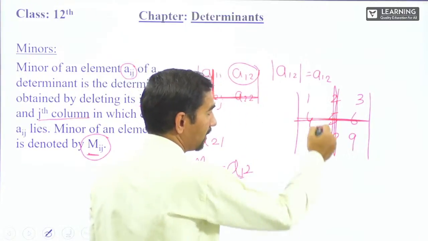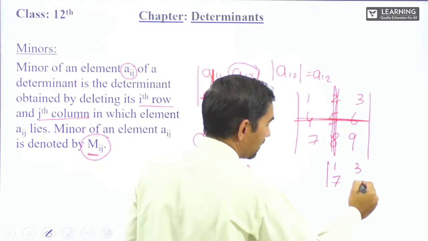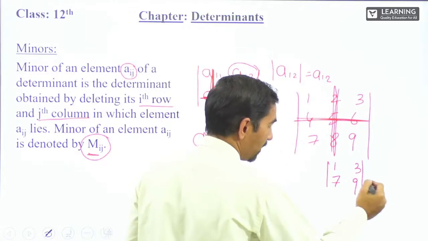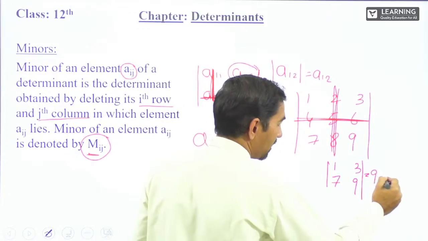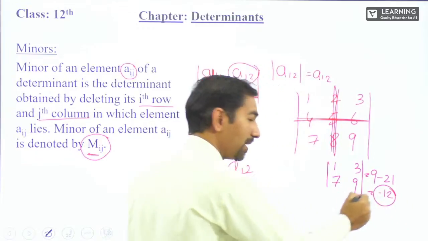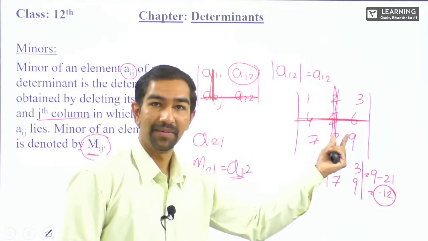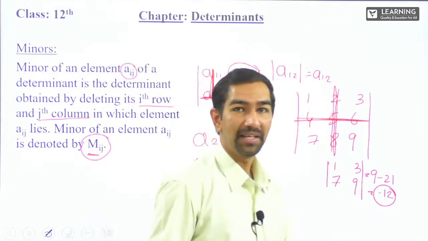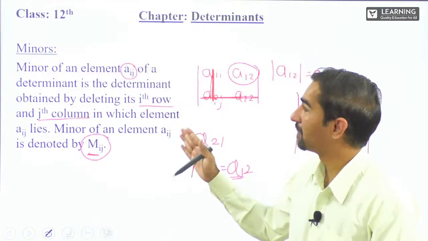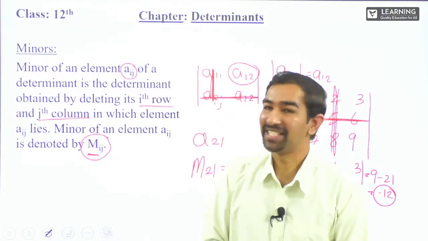So the determinant of the remaining things, that is the determinant of 1, 3, 7, 9. Evaluate this determinant, that will be equal to 9 minus 21, which is equal to minus 12. So this minus 12 is the minor of the element 5. So two small examples we have taken here and understood what is the meaning of minor, one of the most important concepts. Alright, moving on to the next topic.